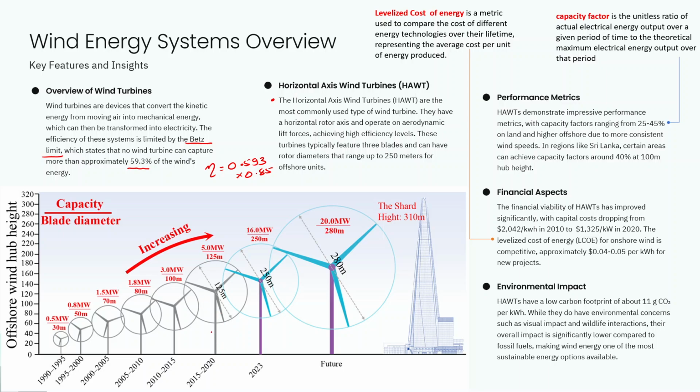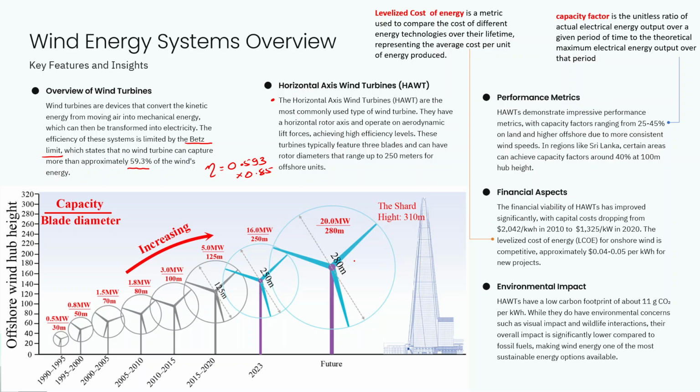By 2020, you had wind turbines with a blade diameter of 125 meters, which can generate up to 5 megawatts. And in 2023, you can even find horizontal axis wind turbines with a blade diameter of 250 meters, which can generate up to 16 megawatts.